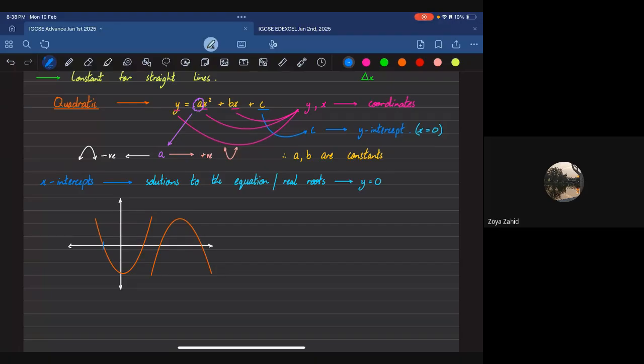These guys are going to be your x-intercepts. All right. Is this clear? Is there anyone who does not get this?